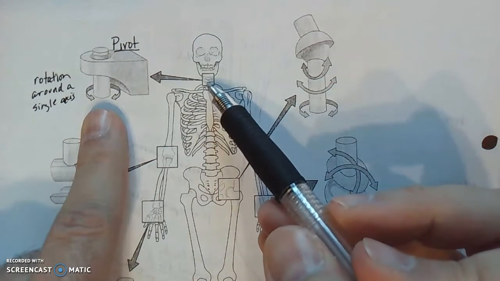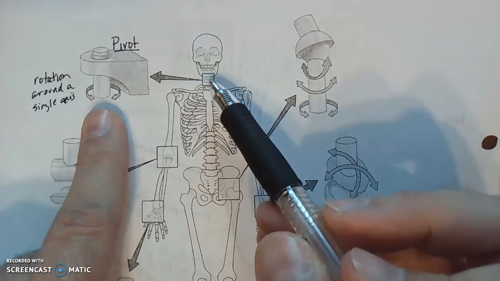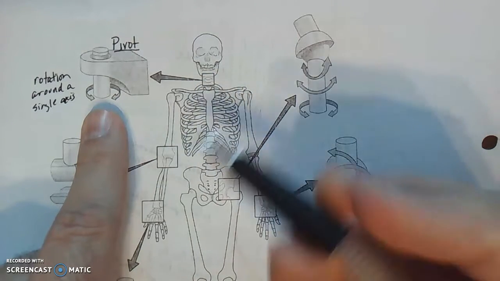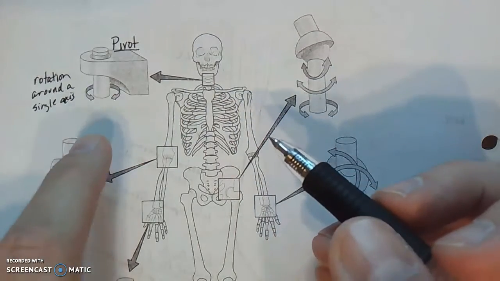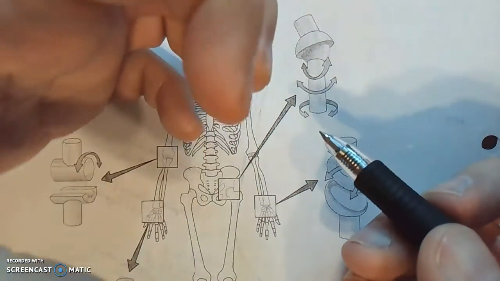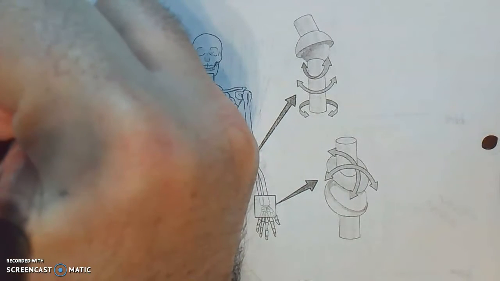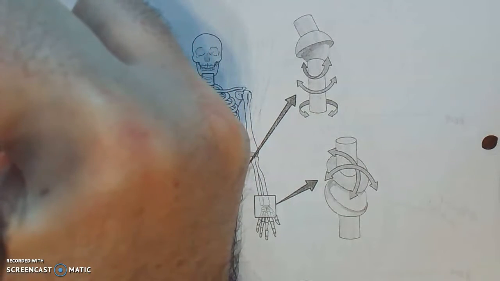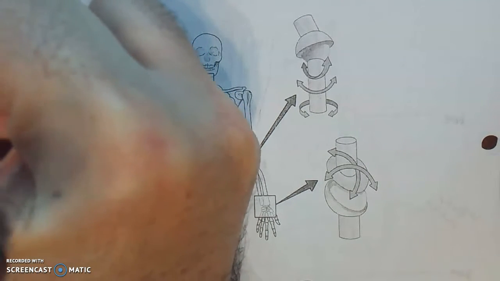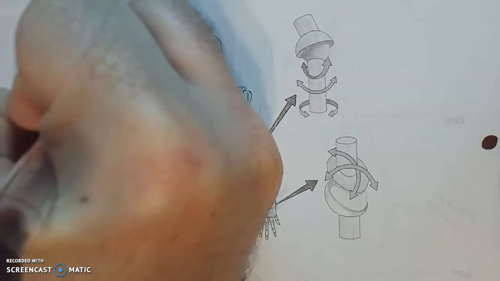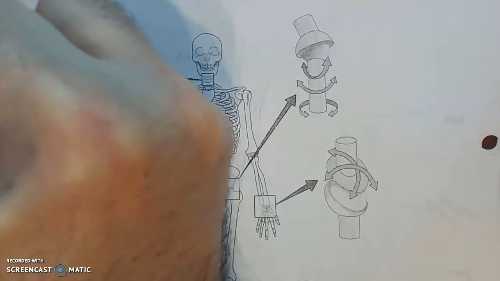So with the neck, we can have rotation around. As we move our neck, it pivots from one area to another. So it's just turning. So this would be neck vertebrae. So that's our good example.